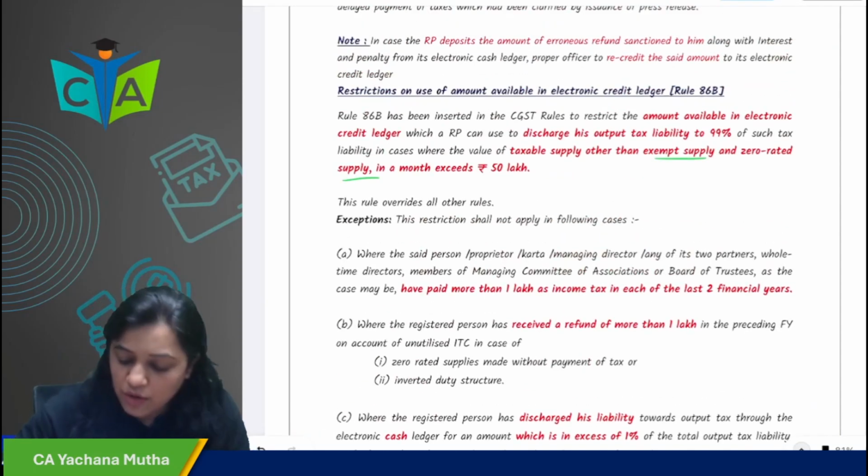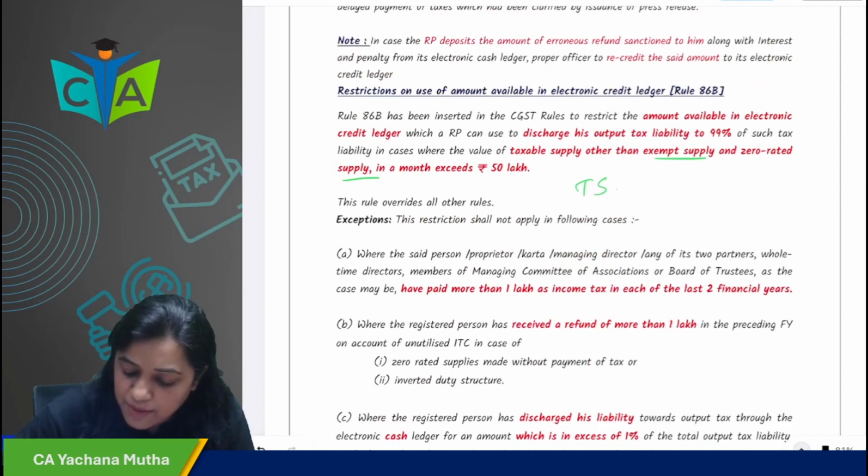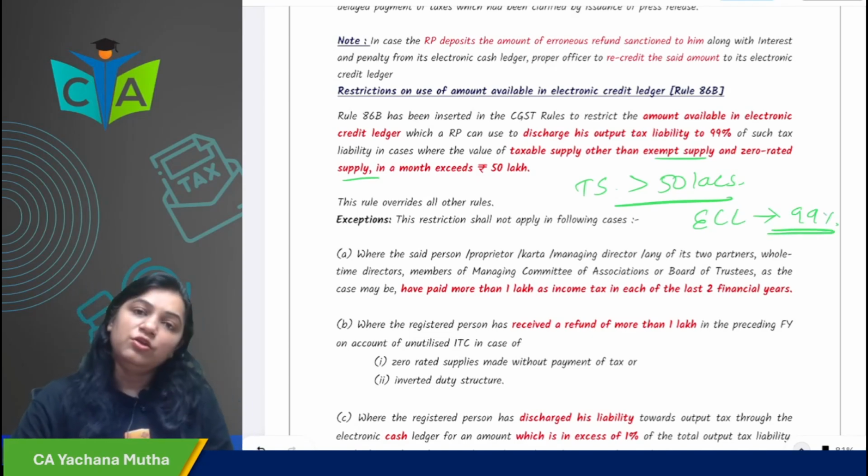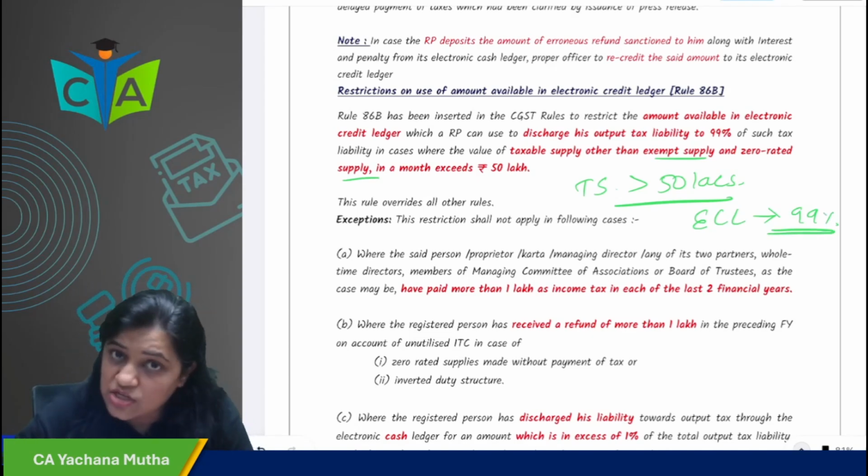So, generally, what is the restriction? If the taxable supply is more than 50 lakhs, then you can use your electronic credit ledger to the extent of 99% only. That means 1% you have to discharge by the electronic cash ledger only.